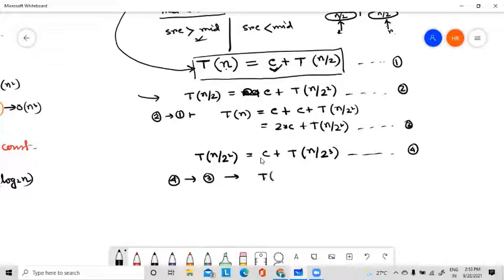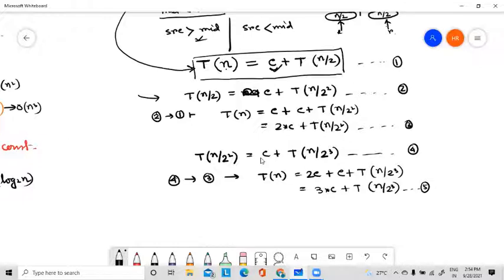I will get T(n) = 2c + [c + T(n/2^3)], so from this I will get 3c + T(n/2^3). This is my equation 5.